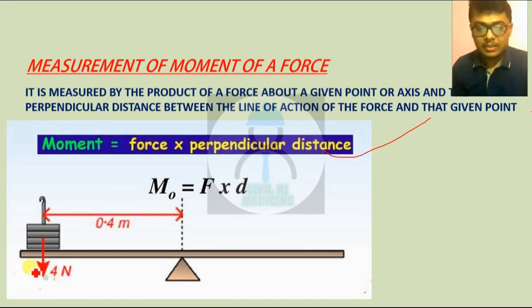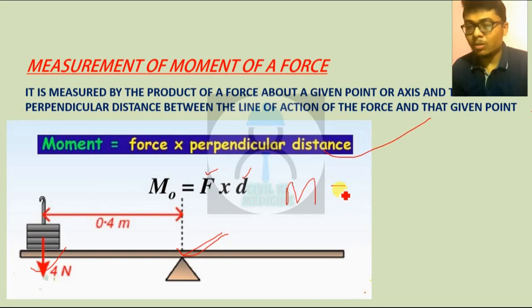Suppose at this point a force of 4 Newton is acting, and we have to find the moment at this point. As per our formula, the moment at this point will be F into D. F is the force, D is the distance.